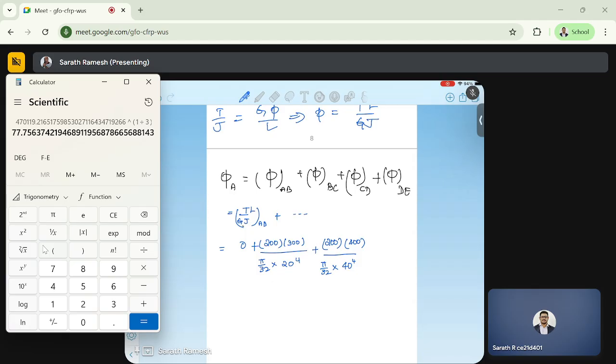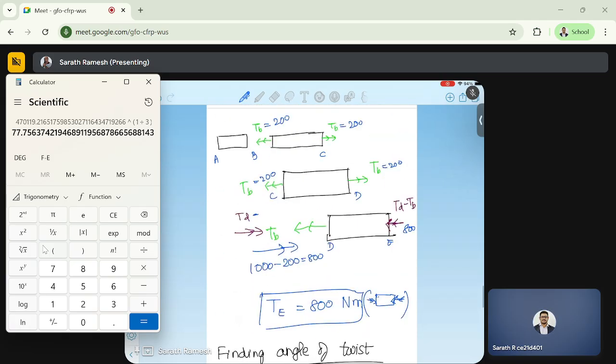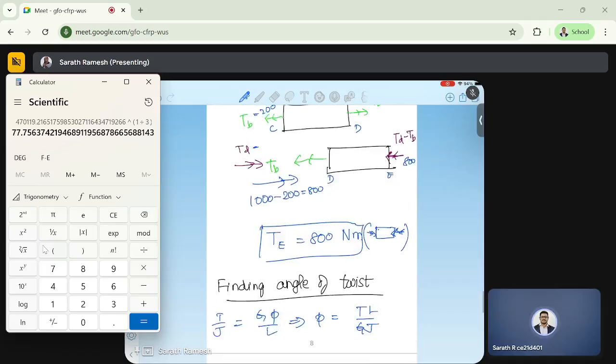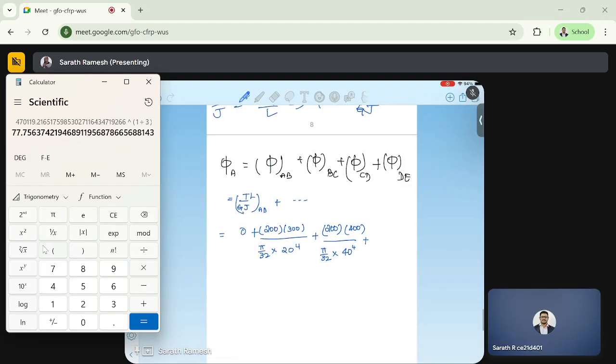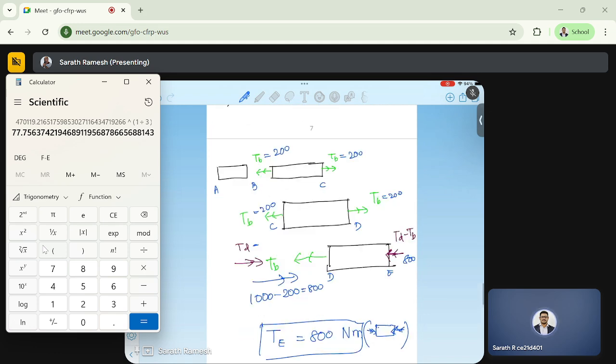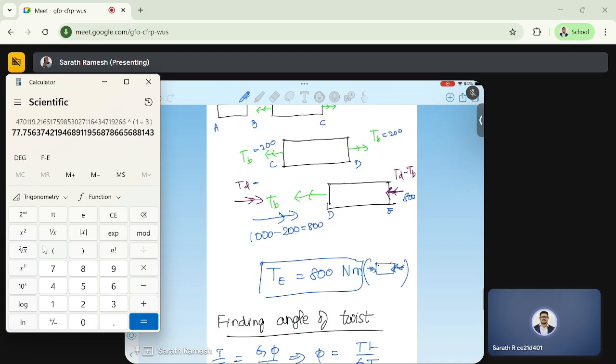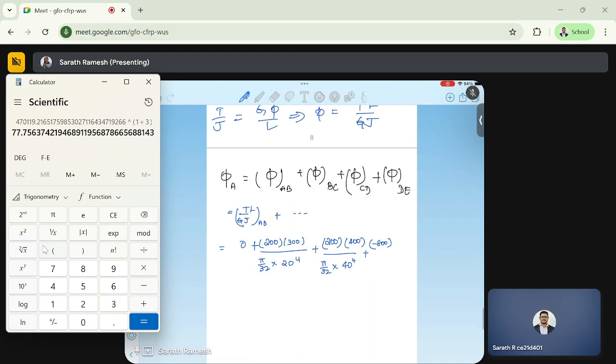Okay, plus how about DE? It is minus 800, right? Negative 800. Length 600, pi by 32 into 40 to the power 4.